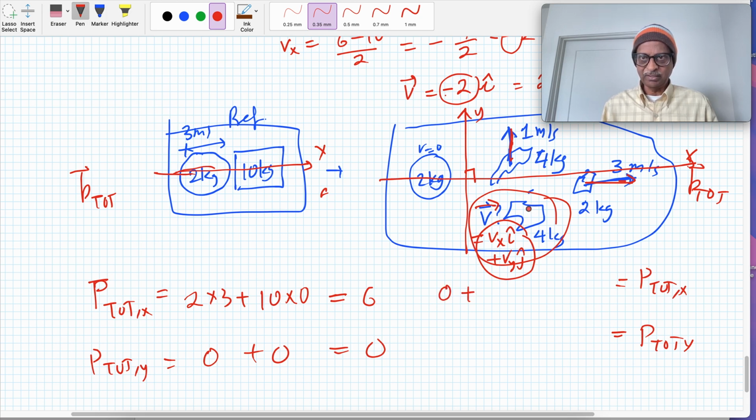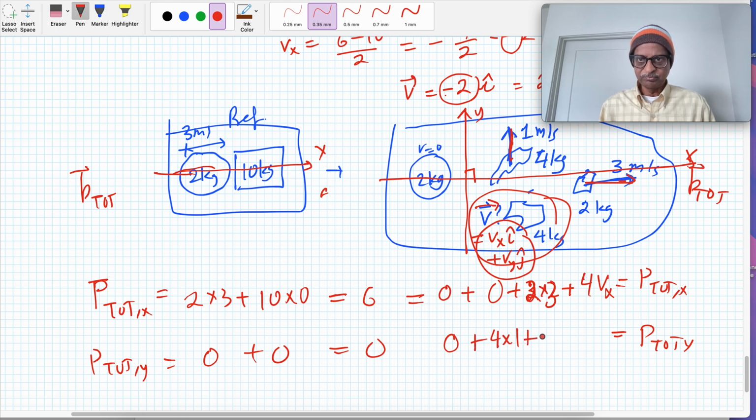This guy has no X. This guy has all X, 3 times 2. This guy is 2 kilogram times 3, and this 4 kilogram times Vx. So that has to be equal to that, and that will give me Vx. For Y, this guy again is 0. This guy is all Vy. So 4 times 1, and this guy is 0, 2 times 0, and this is 4 times Vy. And so this must equate to that.